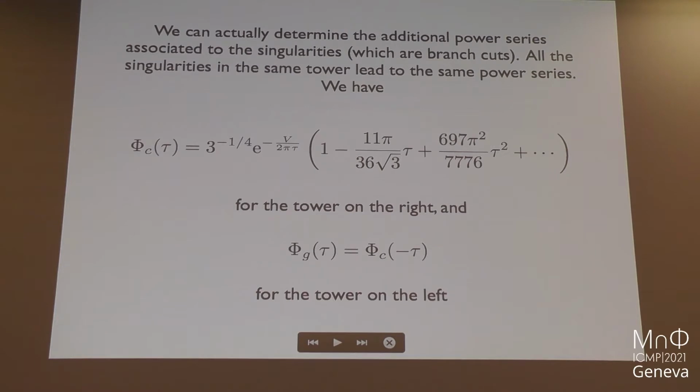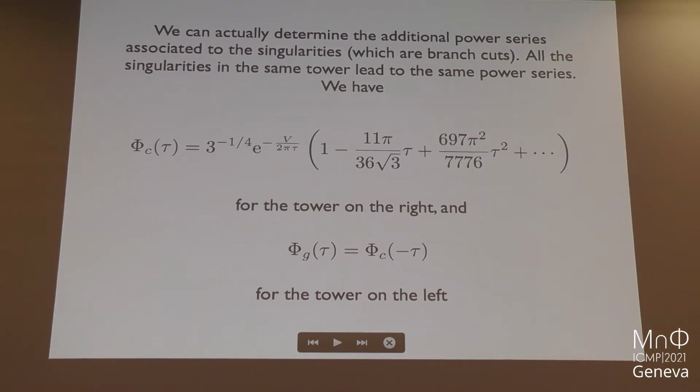And then you have a tower on the right, which is essentially related to the one on the left by a change of sign. So this is a case in which the resurgence program is quite complete because you can find not only the structure of singularities, but you can also deduce the structure of this new series. These new series, again, are not something that was included in the original information.